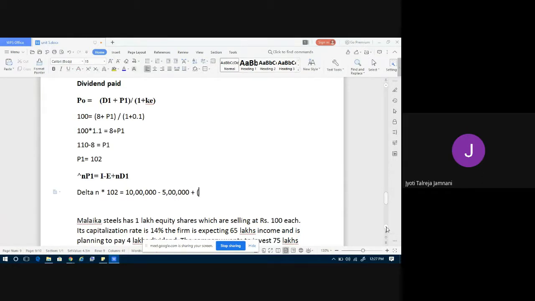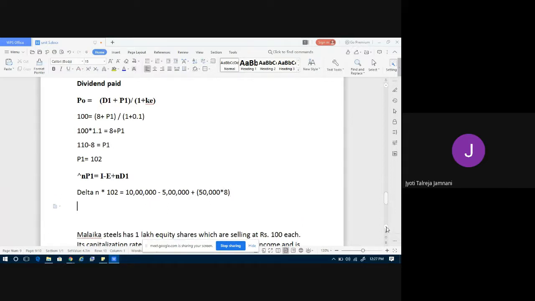N is 50,000 shares into 8 is the D1 value, which gives 4 lakh.